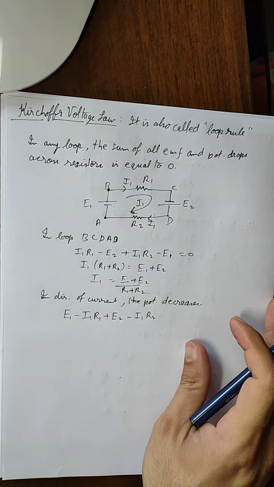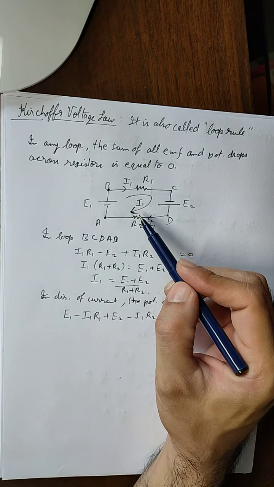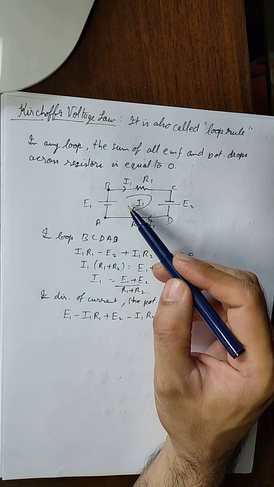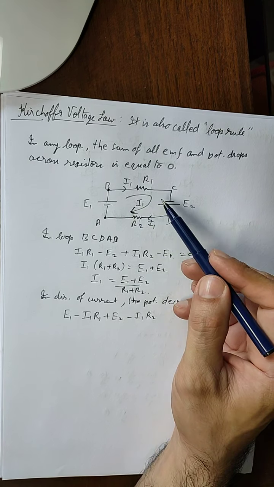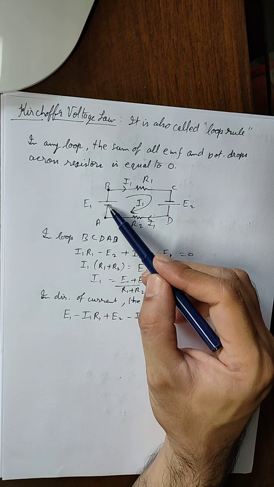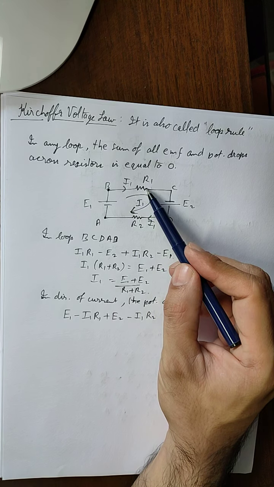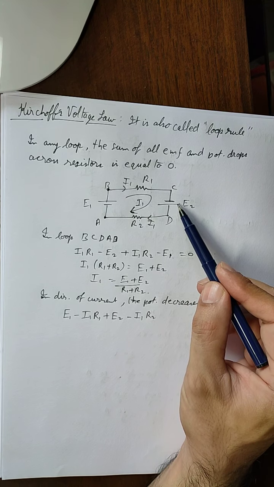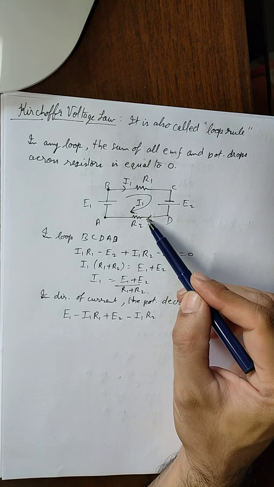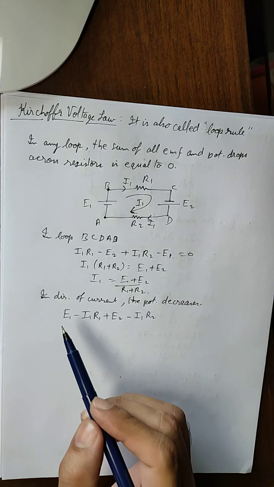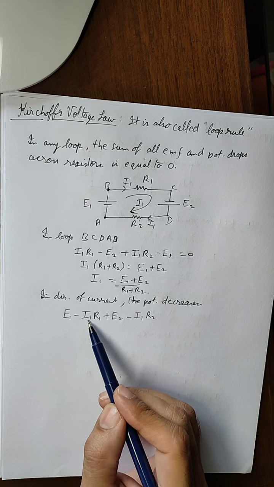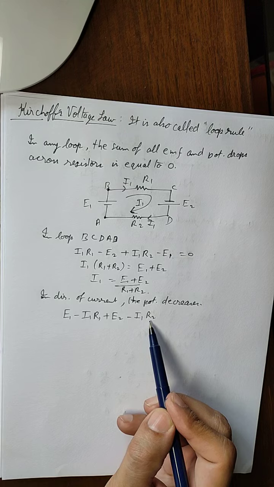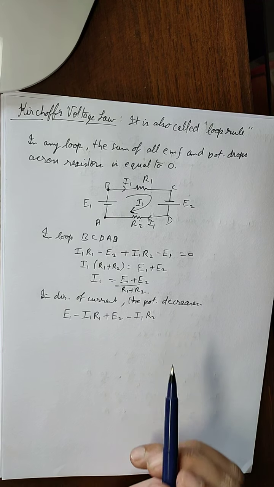Now remember, I'll repeat again that here what we did is to use the concept that in the direction of the flow of current the potential always decreases. So that's why E1 is at higher potential than the potential across R1. Then due to E2 there will be a gain in potential, and at R2 again the potential will decrease. So that's why E1 and E2 are coming positive, and I1 R1 and I1 R2, which are at lower potential, are coming as negative.